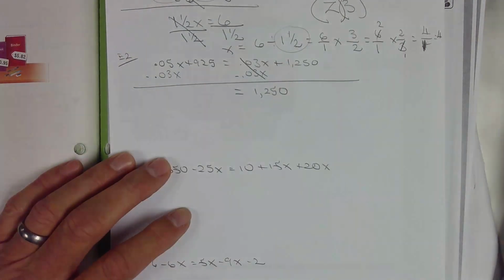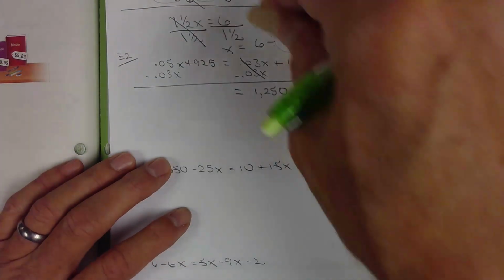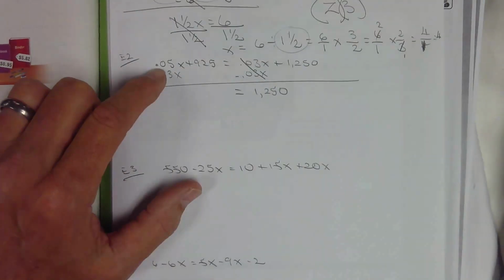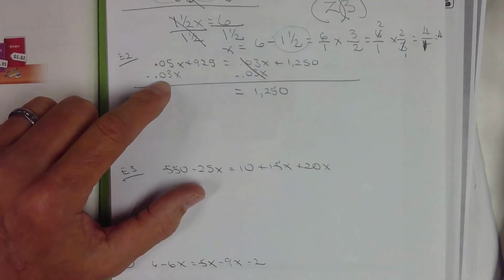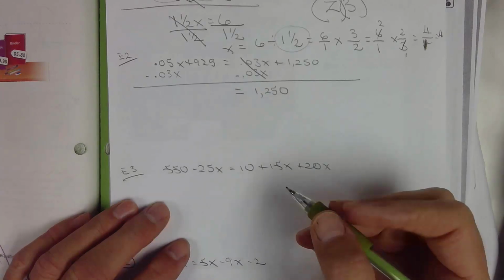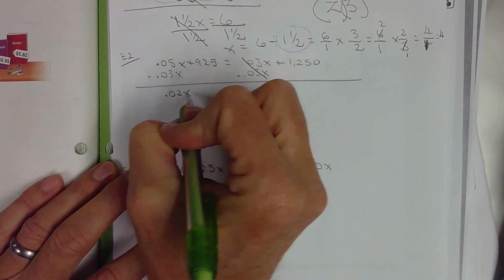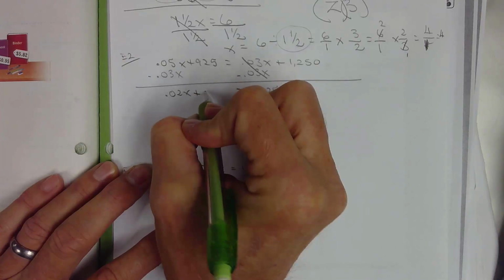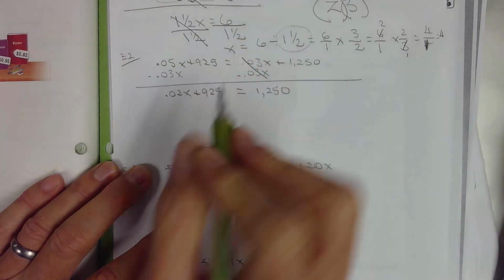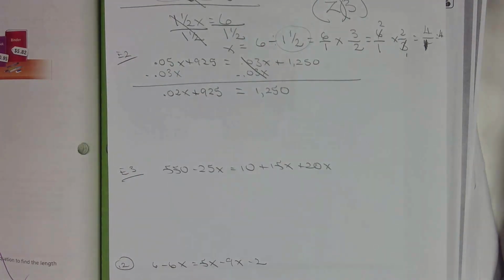Ms. Turner, what's 0.05 subtracting 0.03? Yeah, so we have 0.02x plus 925. Now I have x on one side of the equation.